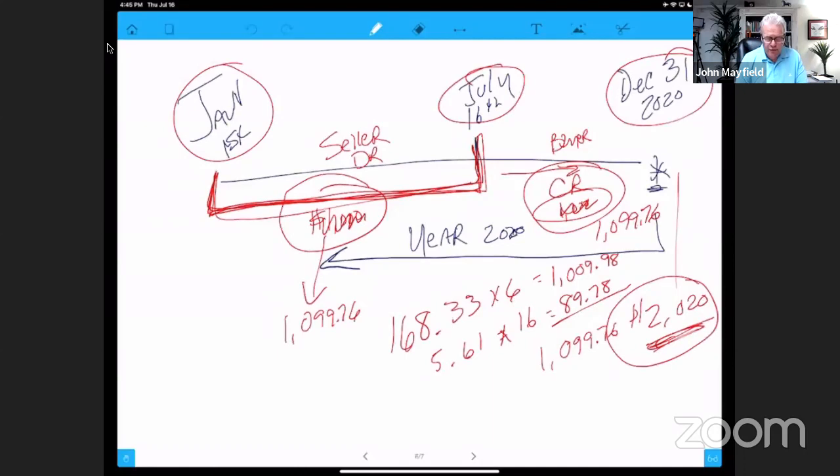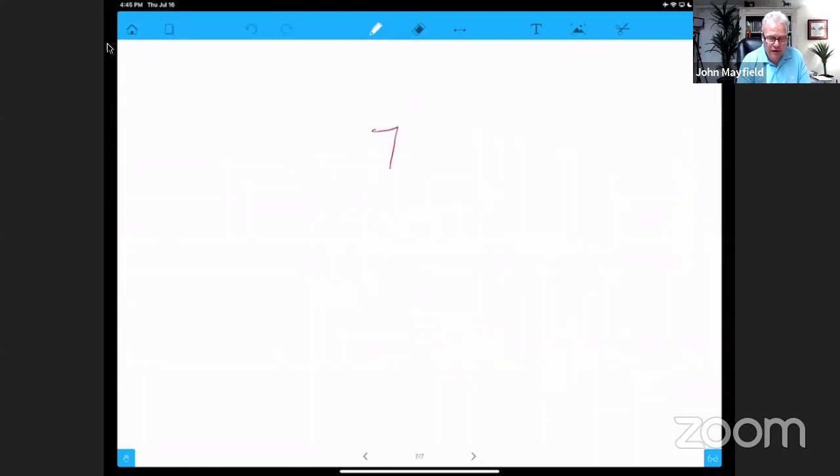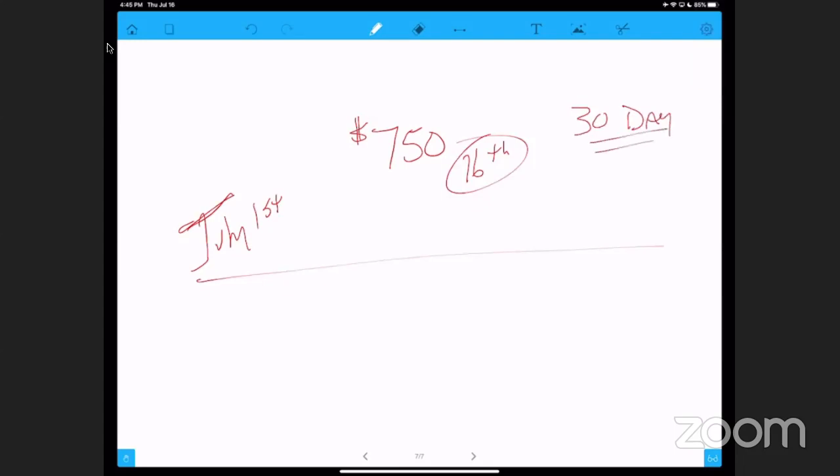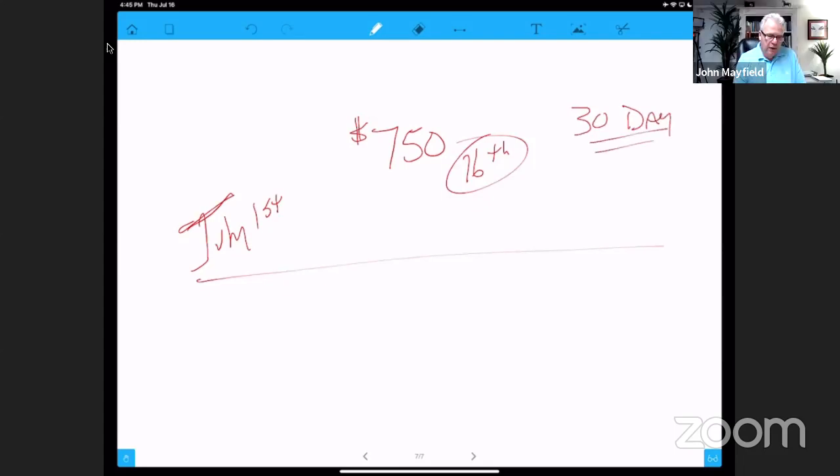So if our rent was, let's say, $750 a month, and you paid it on July 1st, and we're closing on the 16th, and they tell you to figure a 30-day month, because they'll tell you that in your closing problem. In this example, we have a rental property, and the seller collected the $750 on the 1st, and that paid for the full month of July.